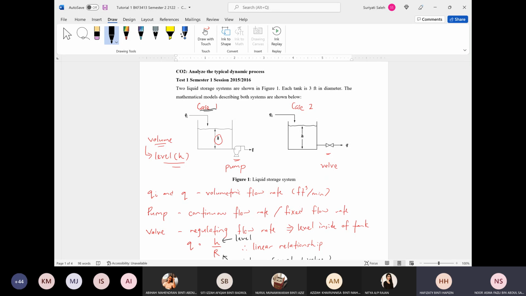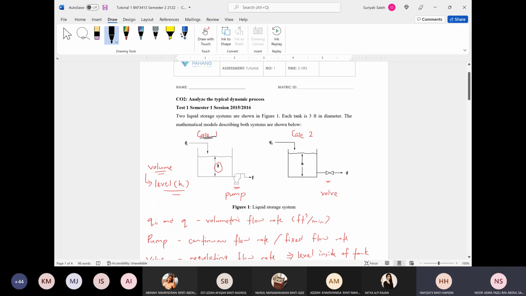Alright. Now what we are interested in is the balance. Normally, as we know before, we have three types of balance: the overall mass, component, and energy. So do we need all of the balances?